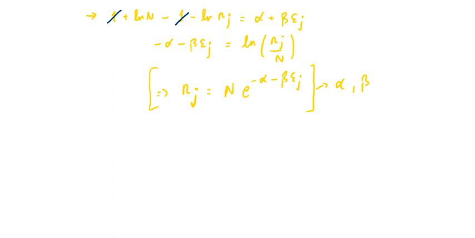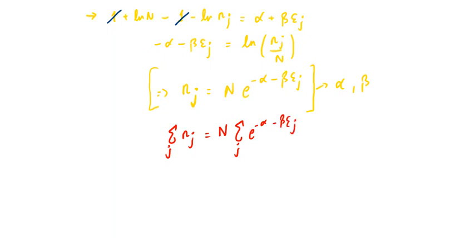What if I now add a summation on both sides: the sum over j of n_j, and the sum over j of n e to the minus alpha minus beta epsilon_j?